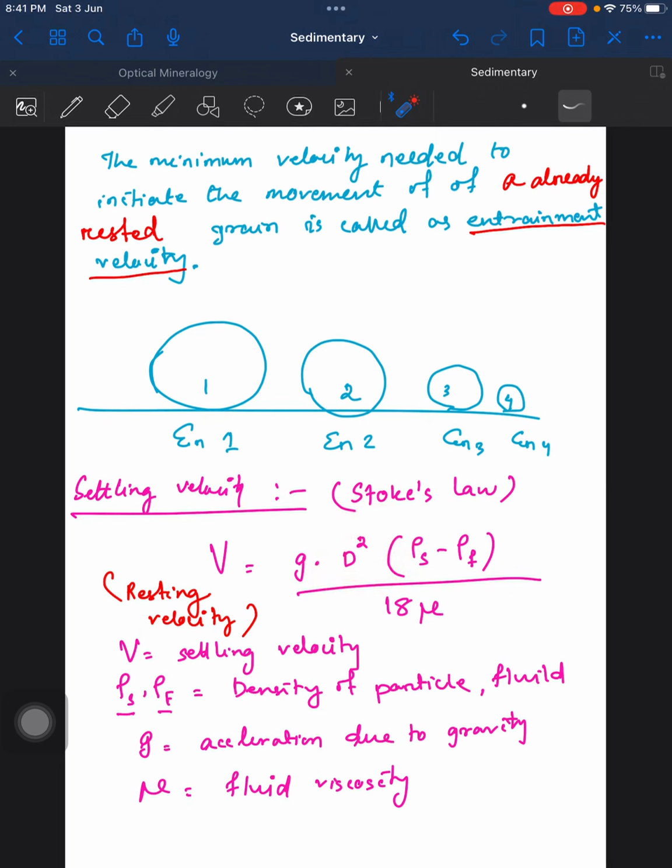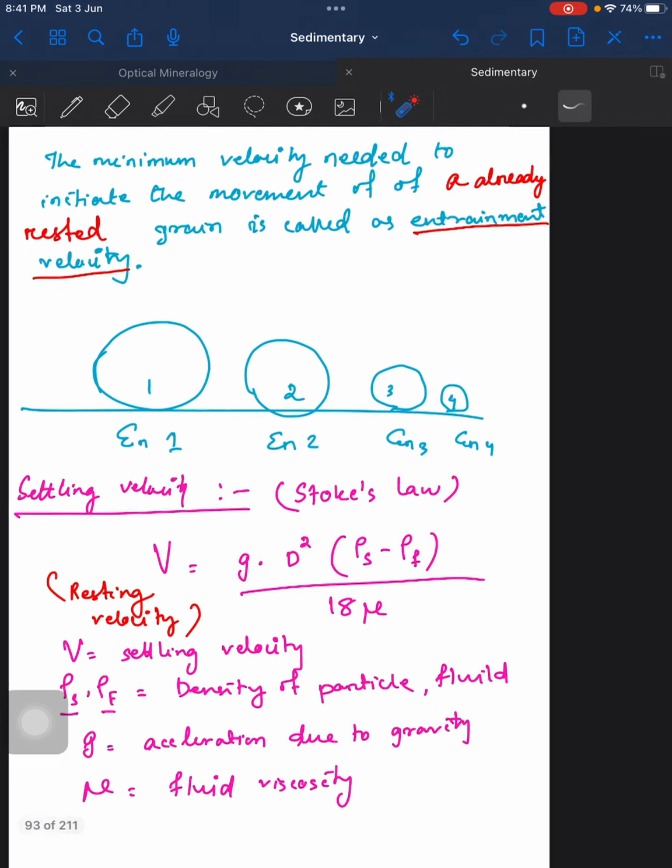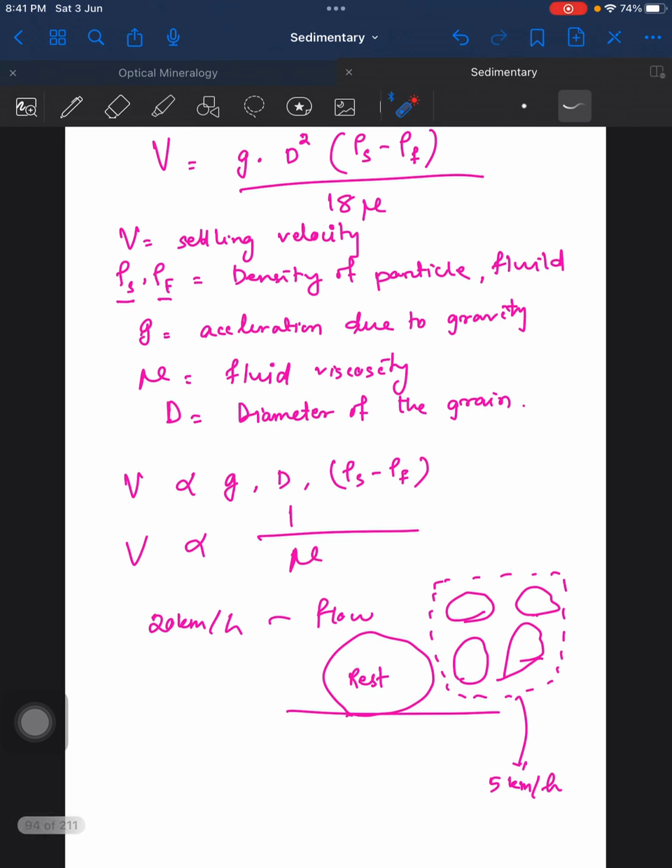Wait a minute, how much velocity will it take to settle? g into d into this, yes, the formula is right. So it is called the diameter of the grain. V is equal to settling velocity, this is the density of particles, acceleration due to gravity, mu equal to fluid viscosity, d equal to diameter of the grain.